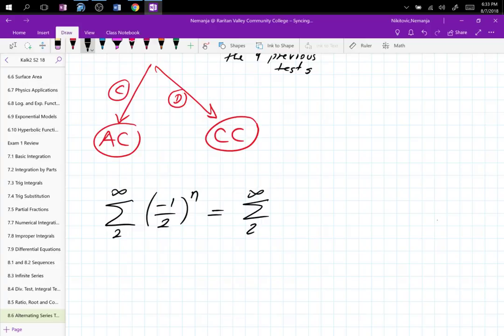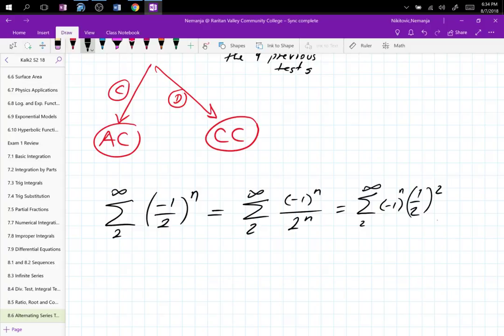The first step would be to break off -1, and then you can break it into (-1)^n and then (1/2)^n like this. And now you see it's an alternating series. So you have (-1)^n and then 1/2 everything raised to the n. Great.